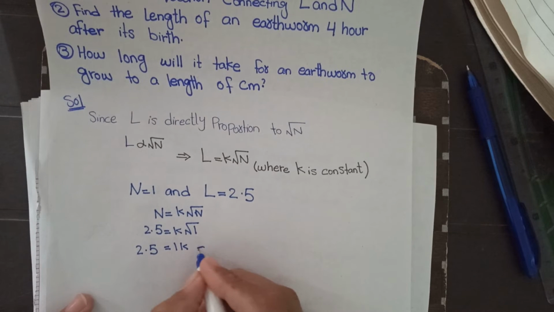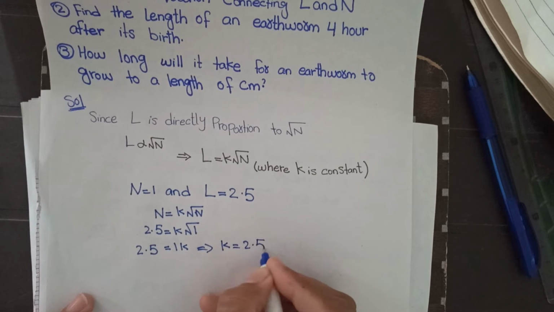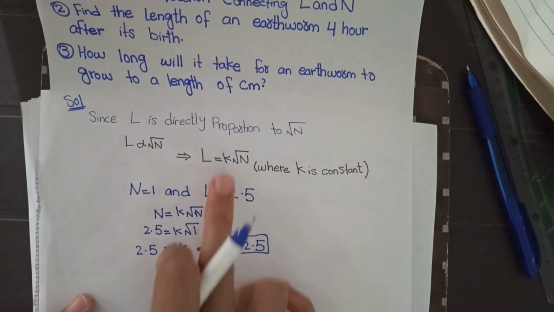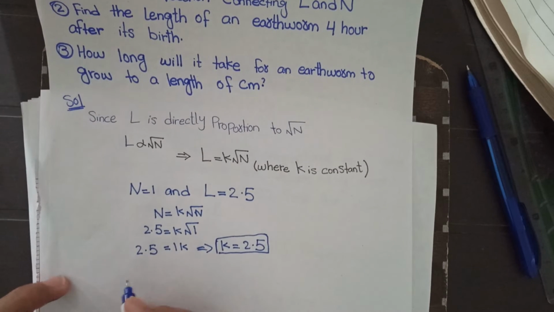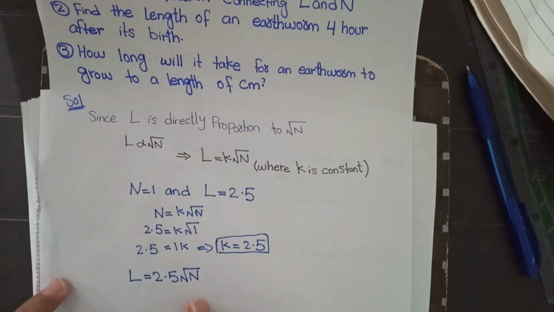k is equal to 2.5. Now put the value of k in that equation. It will be L is equal to 2.5 square root n. This equation we will use in all parts of this question.